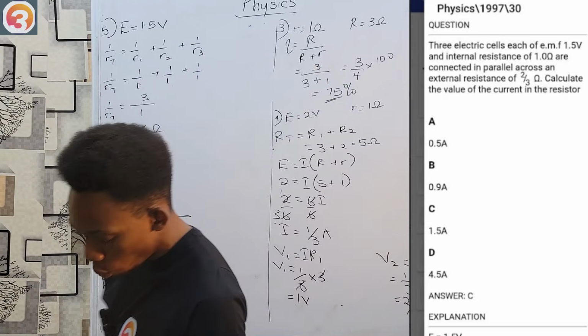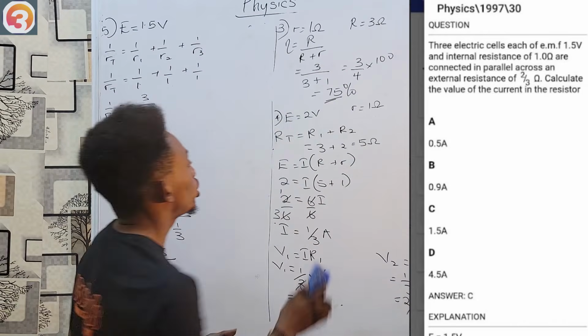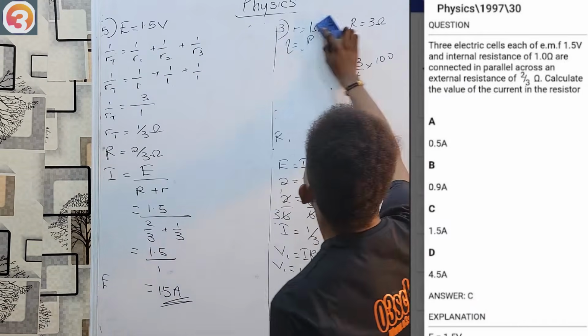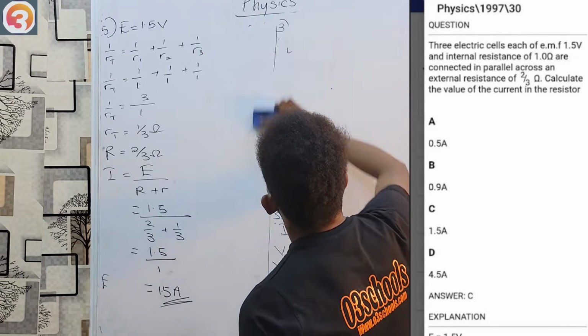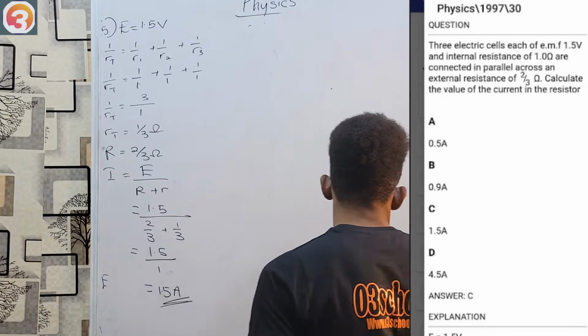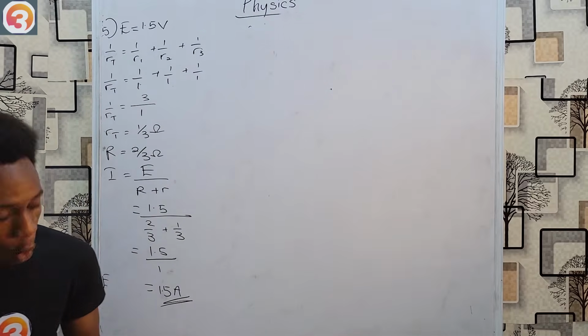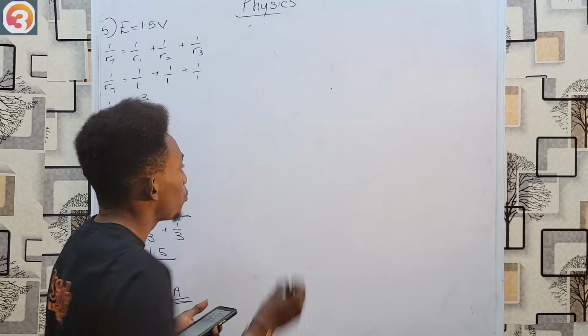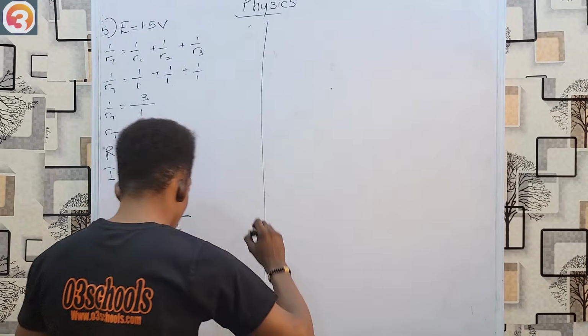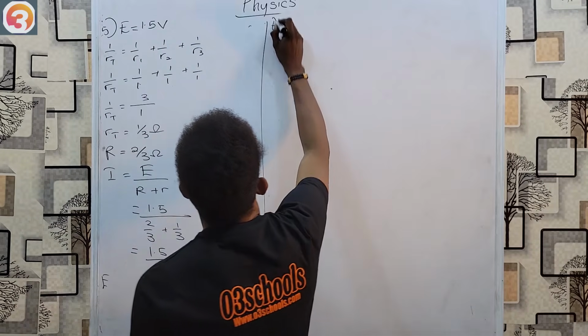And we shall then take one last question, and we shall know that we have truly studied the topic of cells and their internal resistance. This last question comes from the year 1994, question number 44 of that year.